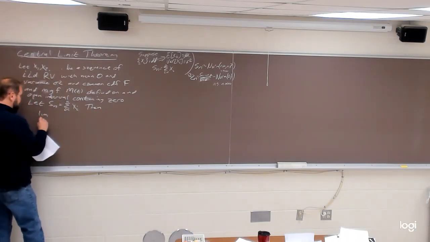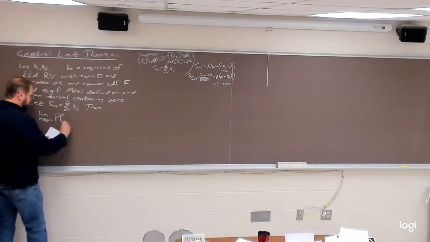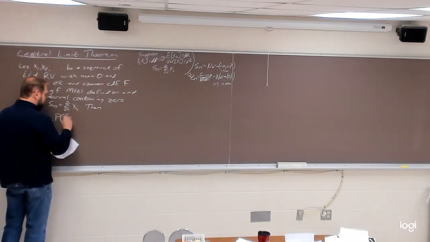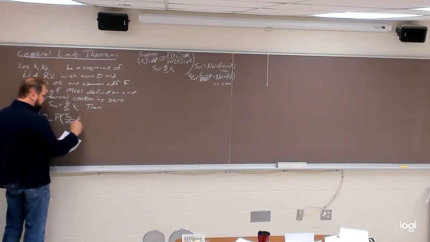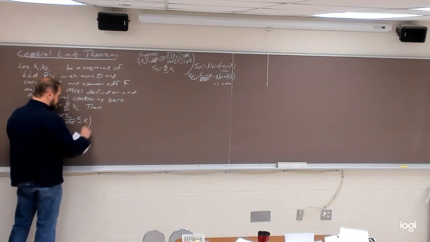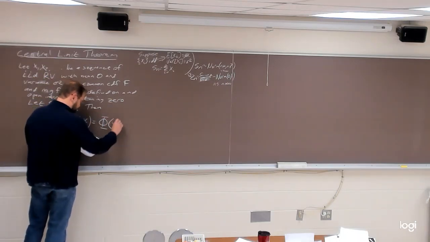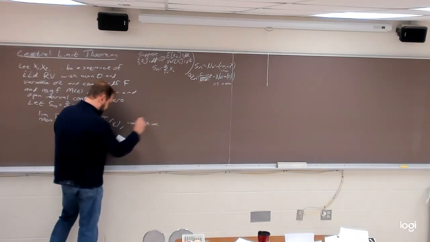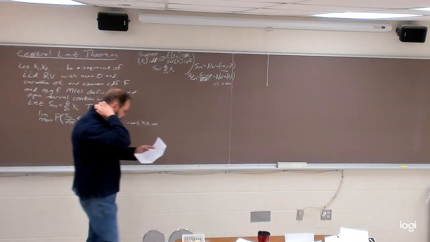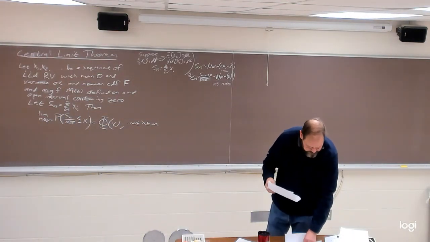The limit as n approaches infinity of the probability that S_n divided by sigma square root of n is less than or equal to x is equal to Phi(x), for negative infinity less than x less than infinity. Let me double check something very quickly. Yes. Okay.